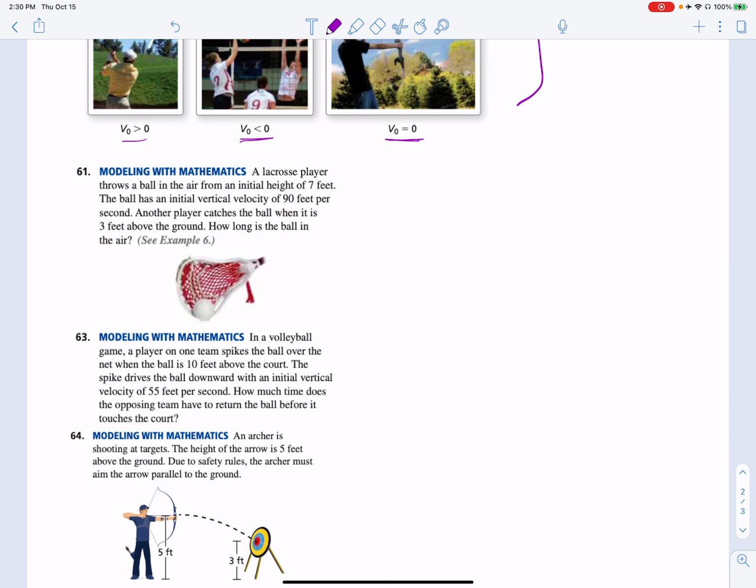And so in 61, it tosses it from an initial height of 7 feet. So that means h naught is 7. It has an initial vertical velocity of 90 feet. So they are throwing the ball in the air, and so it's going up. That's going to be positive velocity, so we're going to use a positive 90 for velocity, and then plug that into the equation.